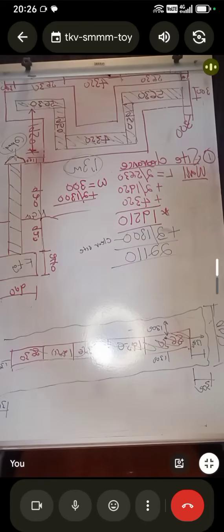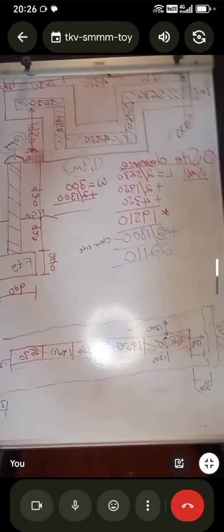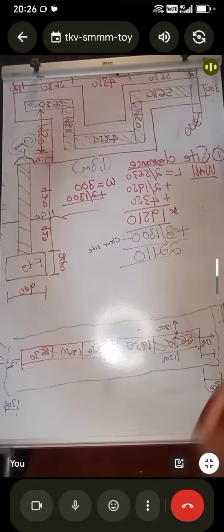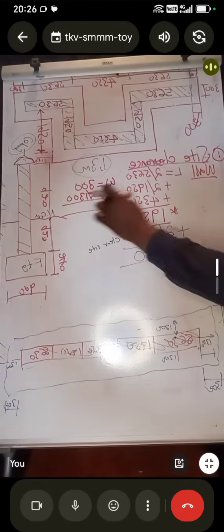What is the answer? Sure. The width, we said our width is 900. The 900 is the concrete footing, say. The question said, clean the site all around the garden wall.